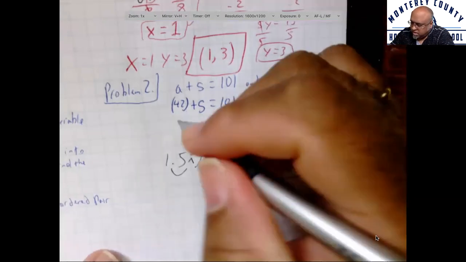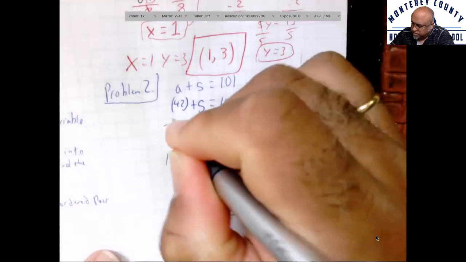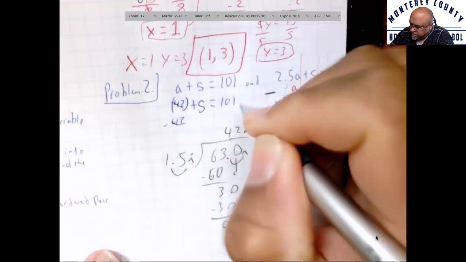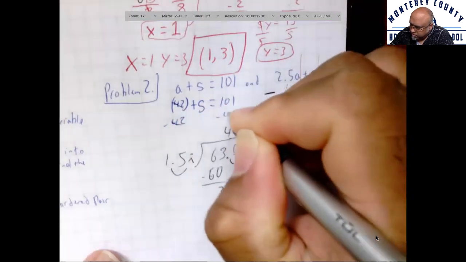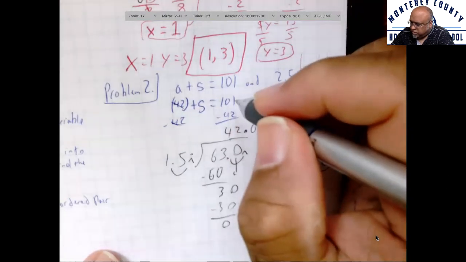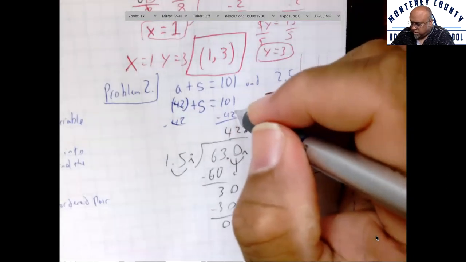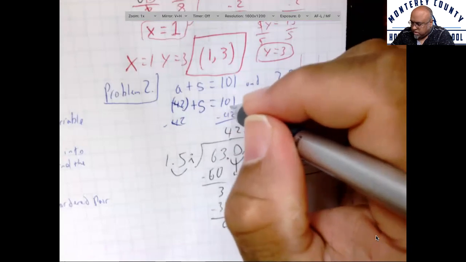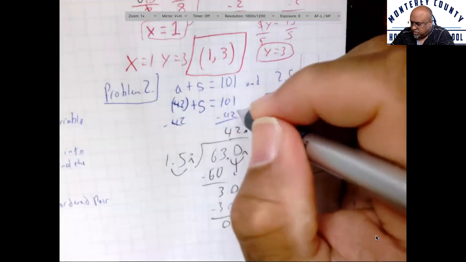Okay, so subtract 42 from both sides. Okay, 101 minus 42. Let's see, 100 minus 40 is 60. So that'd be 61 minus 2 would be 59.